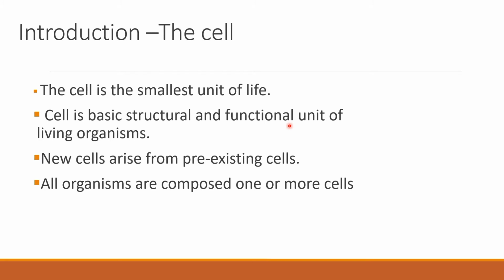That is why every cell is a structural and functional unit of living organisms, and all new cells arise from pre-existing cells. From the mother cells, new cells arise. If you have two cells, from these a new cell will arise. That is why they say new cells arise from pre-existing cells.